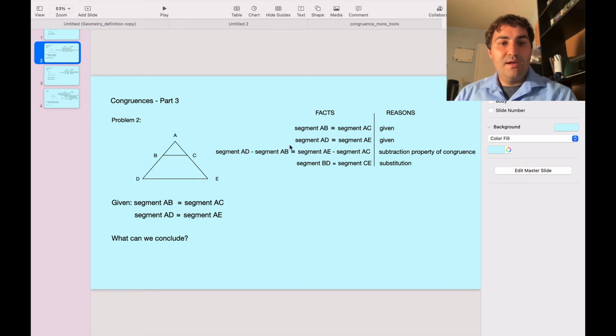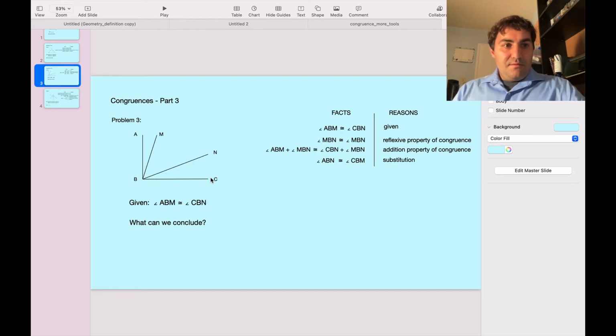And in the same way, if we take off segment AC from segment AE, we're left with segment CE. So we can write segment BD is congruent to segment CE. So take a look at this problem, go over it a little bit, and try to understand what's going on. Again, this is a basic example of how properties of congruences are applied to problems.